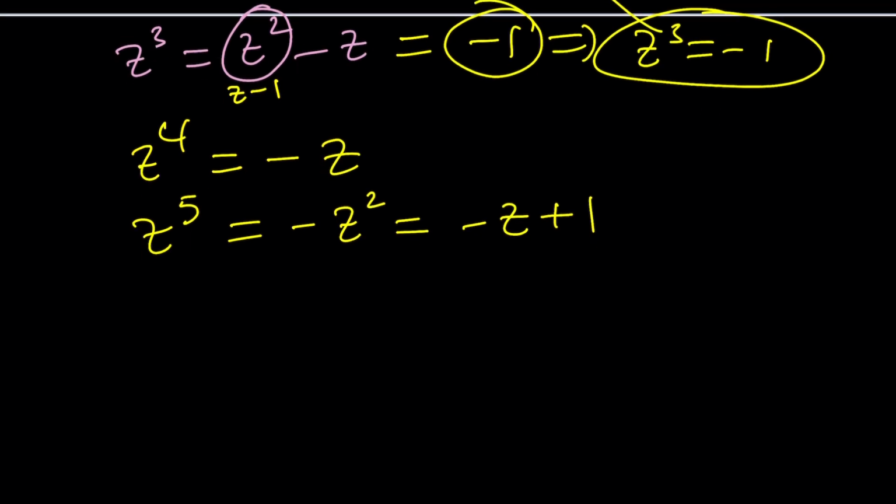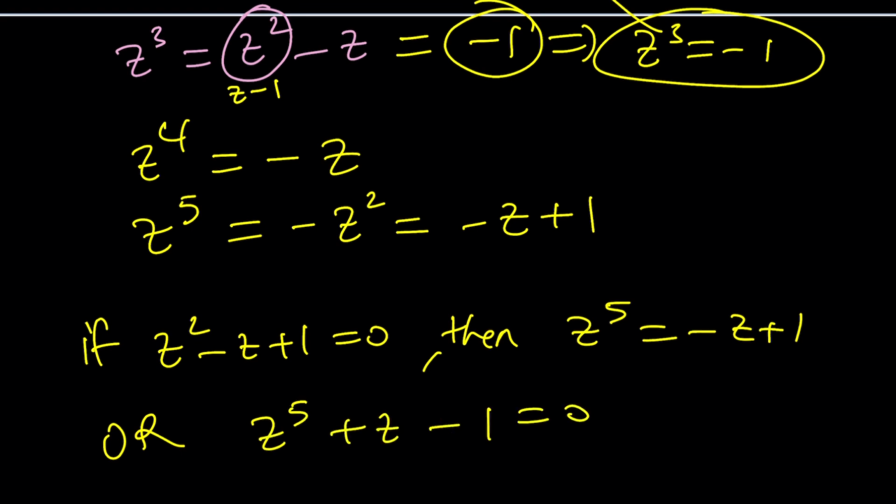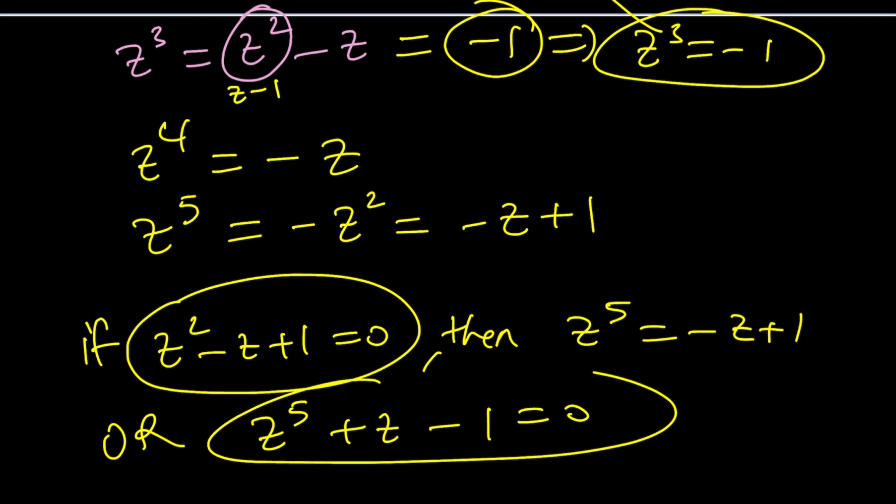Because if z squared is z minus 1, or if z squared minus z plus 1 is 0, same thing by the way, then z to the fifth equals negative z plus 1, or z to the fifth plus z minus 1 is equal to 0. So if this is 0, this is 0. What does that mean?